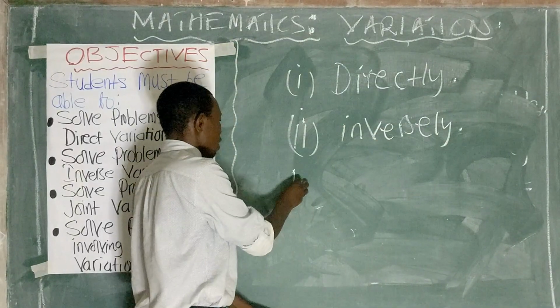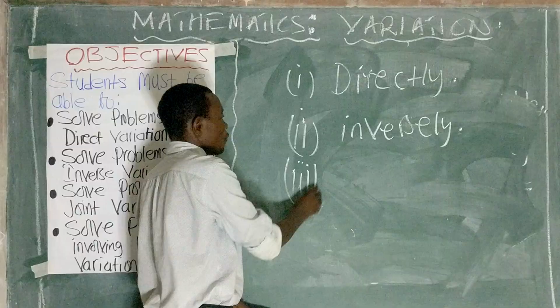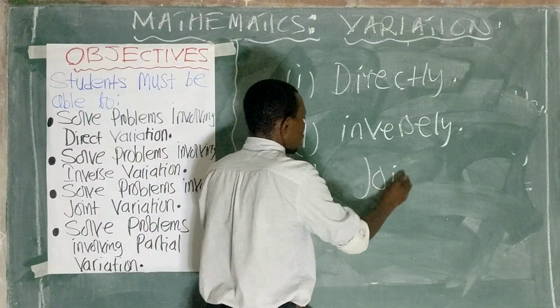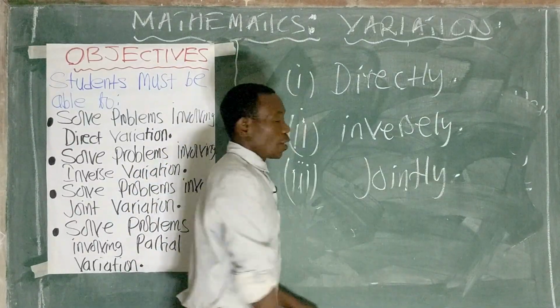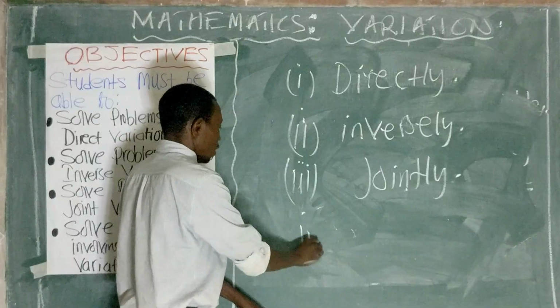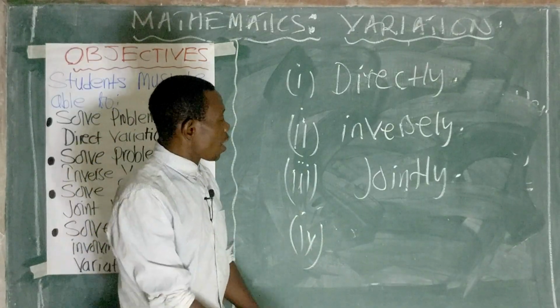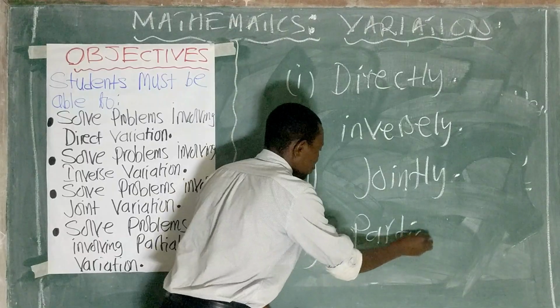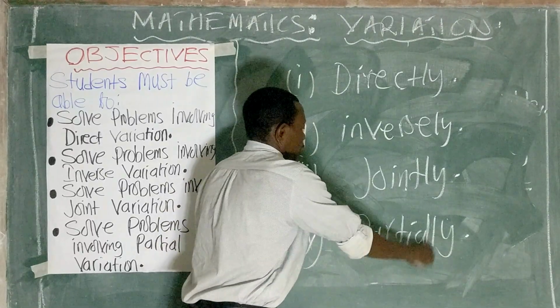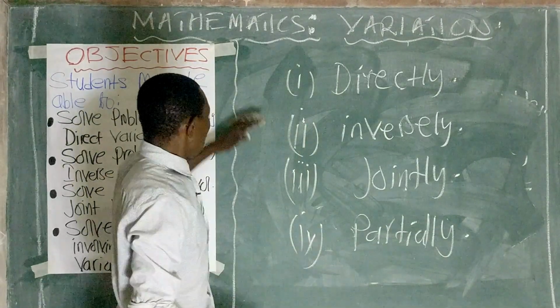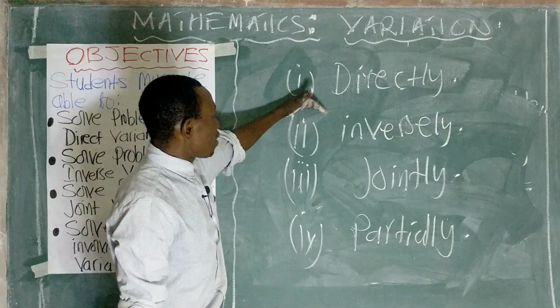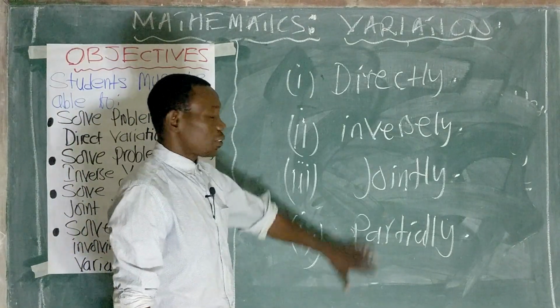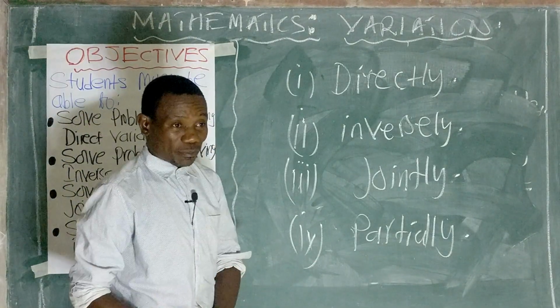The quantities can again vary jointly. And then the quantities can also vary partially. Right. As such, our discussion will be based on these four main ways of variation.